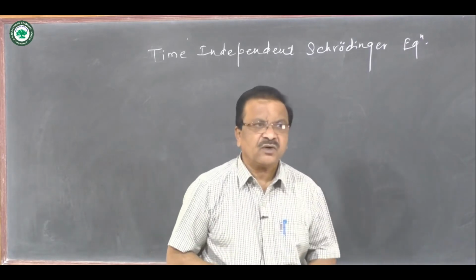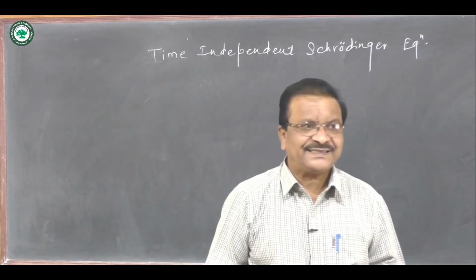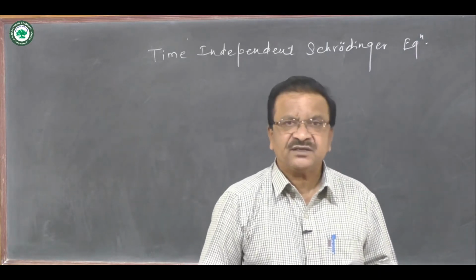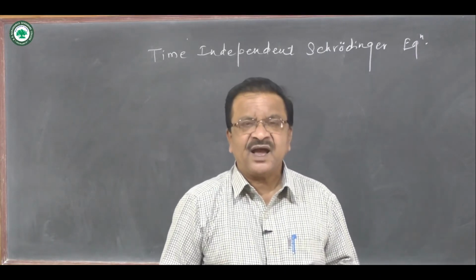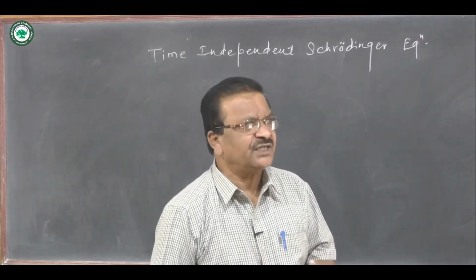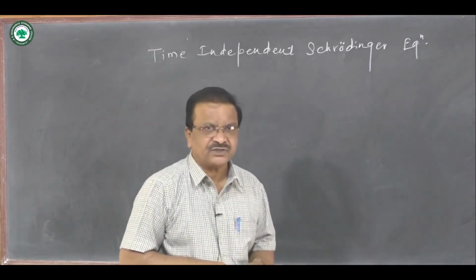It is also called the steady state or stationary state Schrodinger equation. There are 3 names: either time independent, or steady state, or stationary state Schrodinger equation.